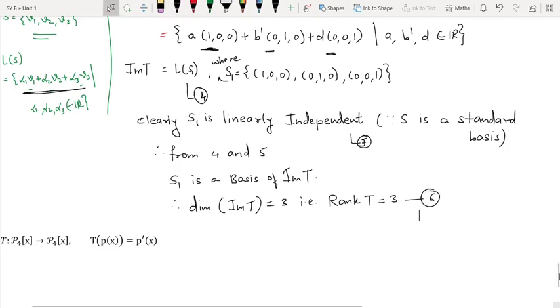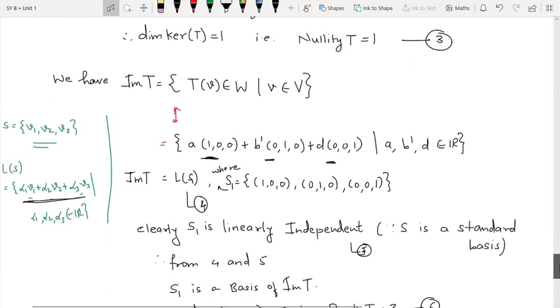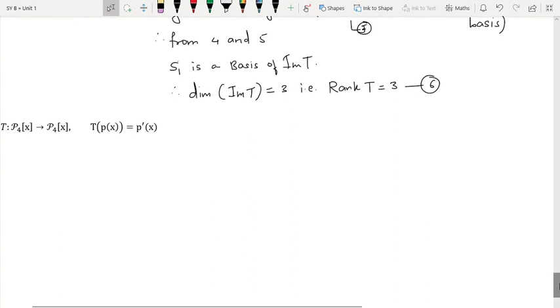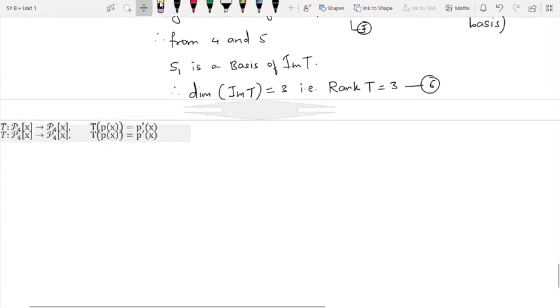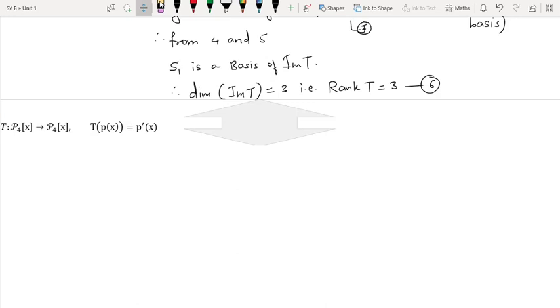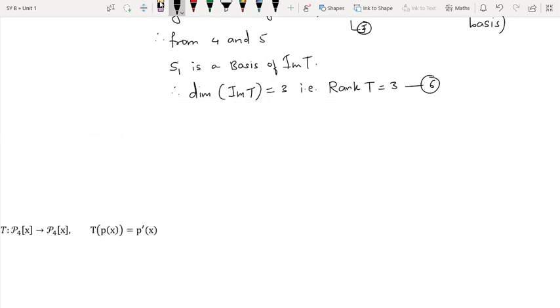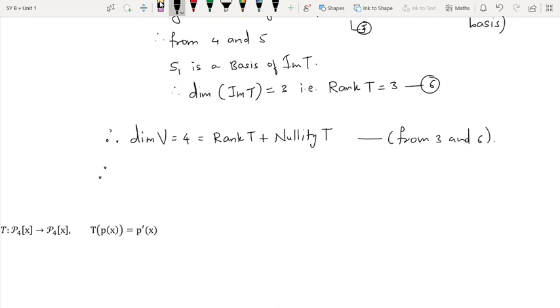And therefore from 3 and 6, the dimension of V is 4, which is equal to rank of T plus nullity of T. This is from 3 and 6, and therefore the rank nullity theorem is verified.